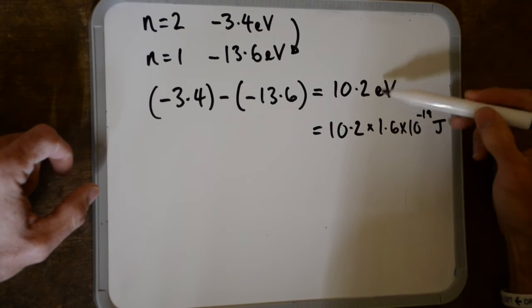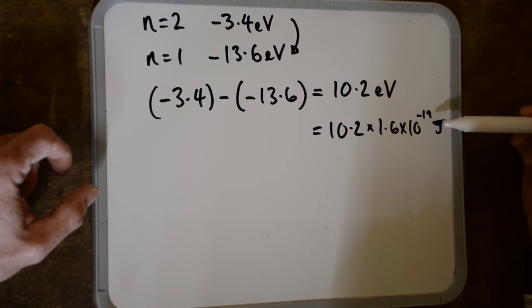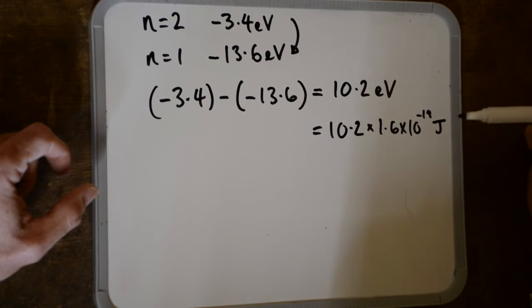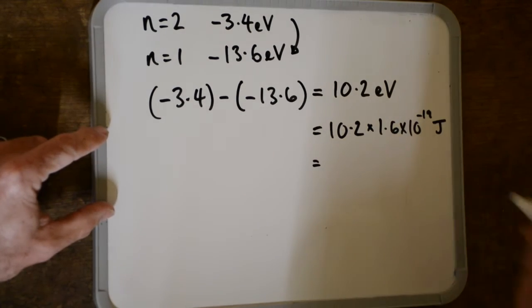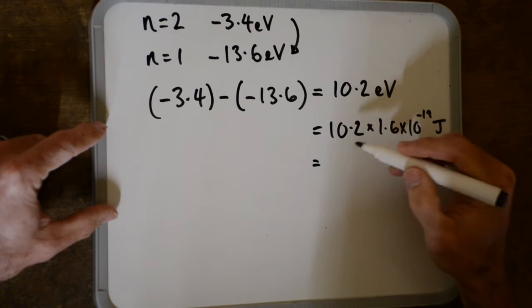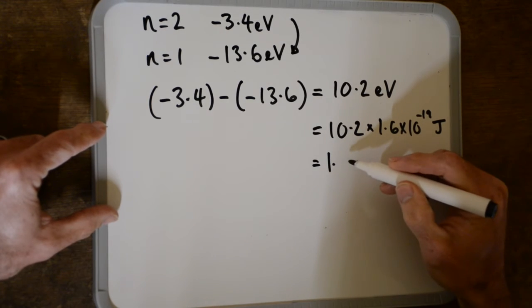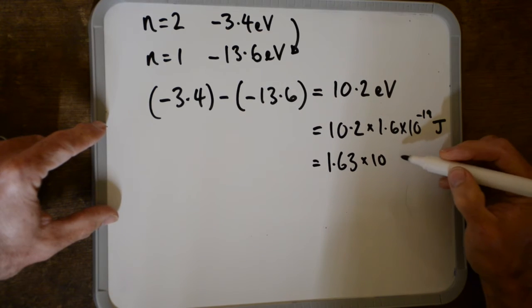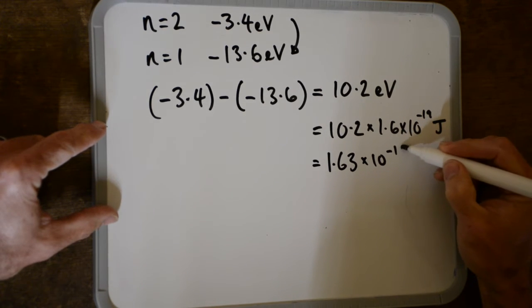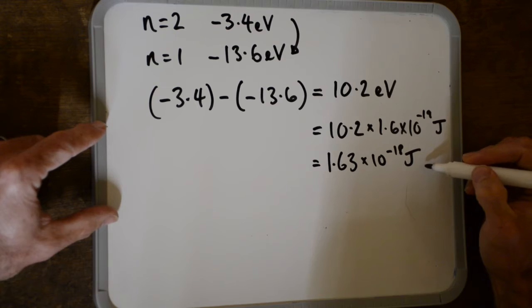So all we've done is replace the e with 1.6 times 10 to the negative 19, which is the charge on the electron, and change the unit to joules. Okay, so that works out that the energy change is 1.63 times 10 to the negative 18 joules.